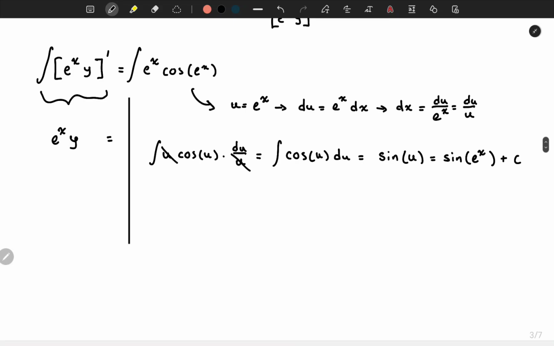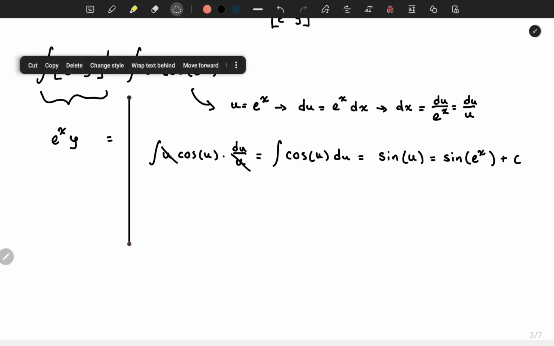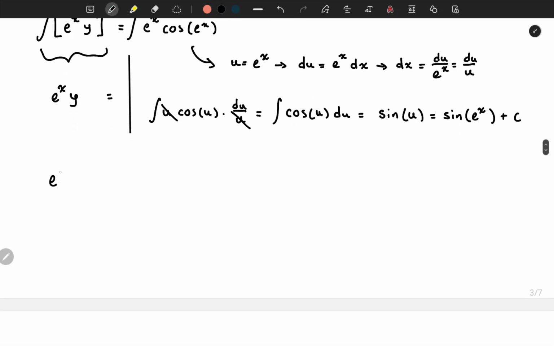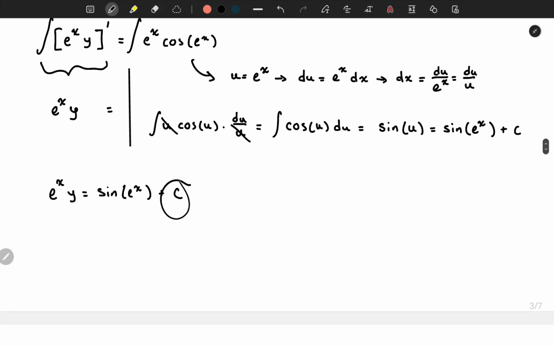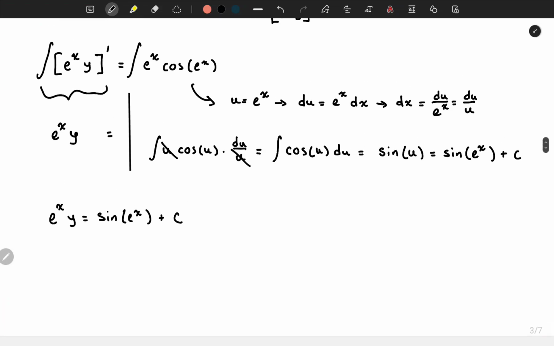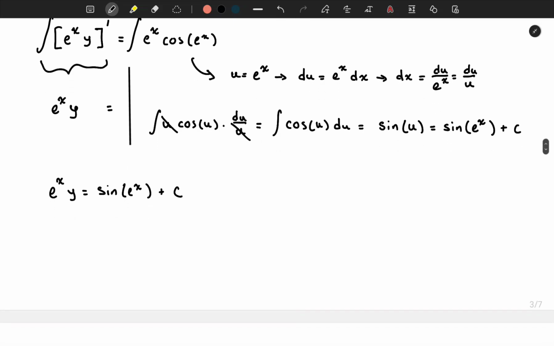So now that we have this, let's go ahead and write e to the power of x multiplied by y is equal to sine e to the power of x plus c. You want to make sure to actually include the plus c when we're writing the answer. So we have the plus c now.